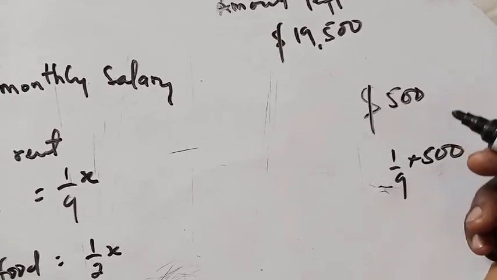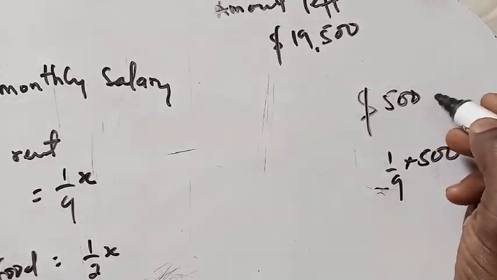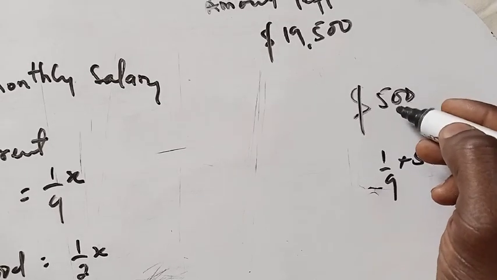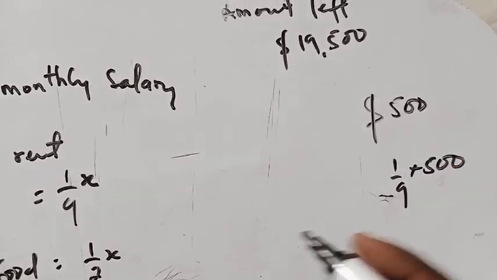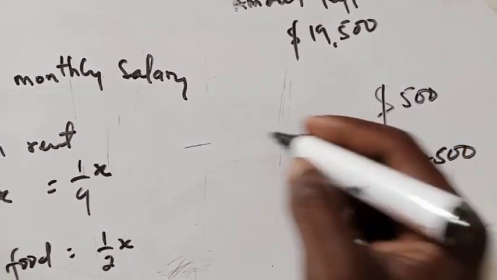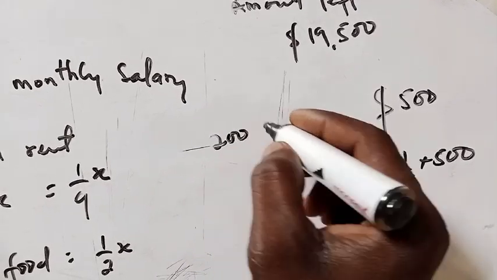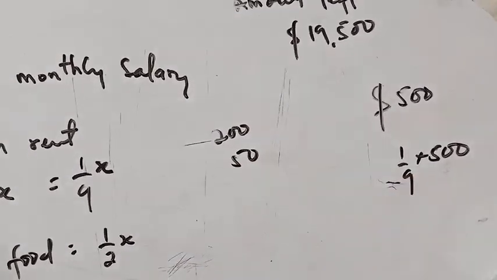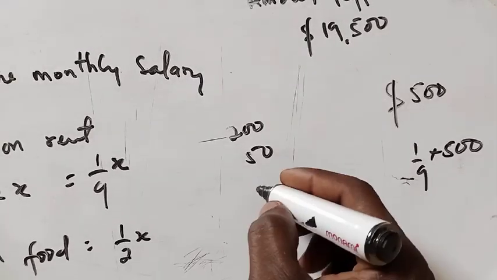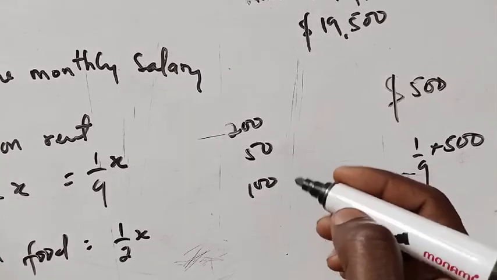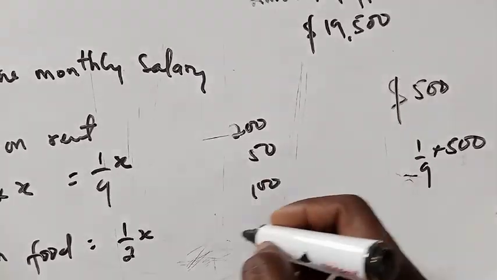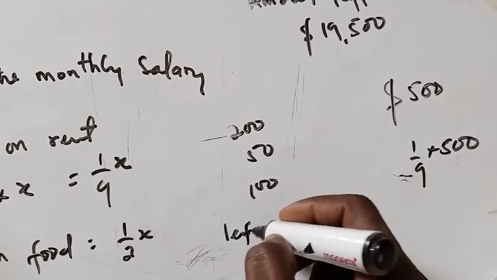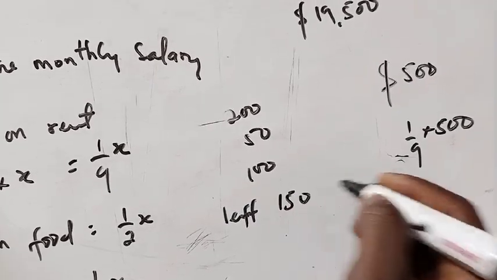You can see that any amount that you are spending is coming out of this $500. So let's say you spend $200 on rent, $50 on food, and maybe $100 on transport, and then we are left with $150.